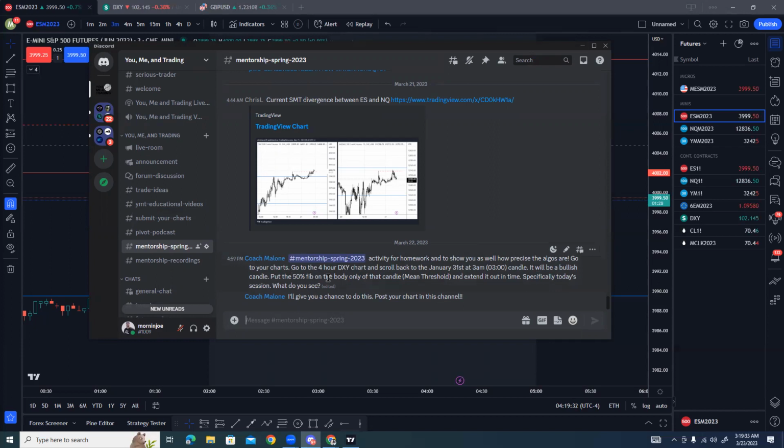If you go to the 4-hour chart on the Dixie, the US dollar index, and scroll back to January 31st at 3 a.m. and look at that candle, it's going to be a bullish candle. You can put a 50% fib or box it up if you want to, but put the 50% fib on the body only of that candle and then extend it out in time, specifically yesterday's session. And then what do you see?